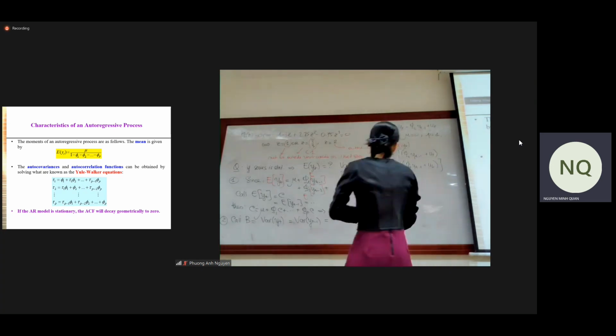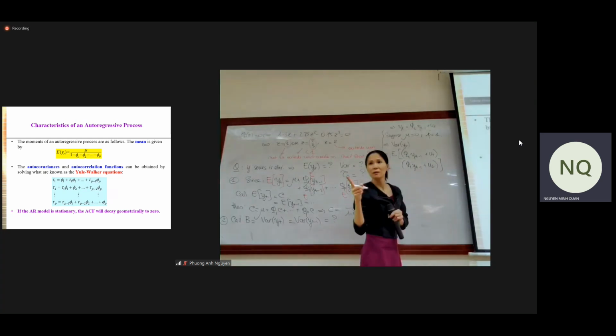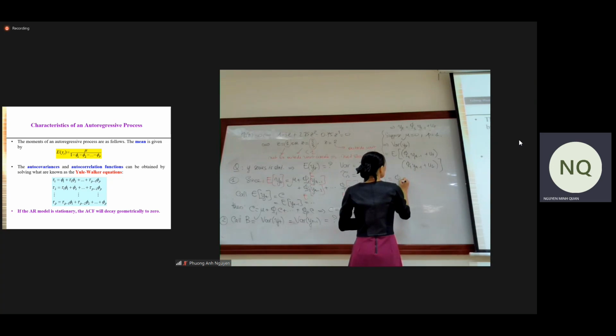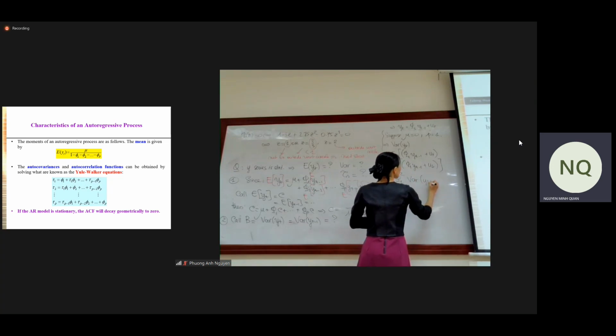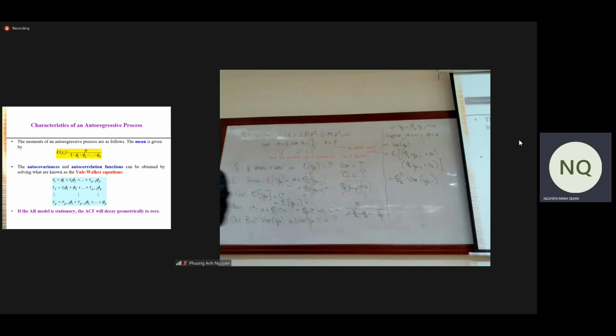I see that here, with yt minus 1, I get the variance again. First of all, I get phi 1 squared times the variance of yt minus 1, which is the number b that I try to look for. So what is b?